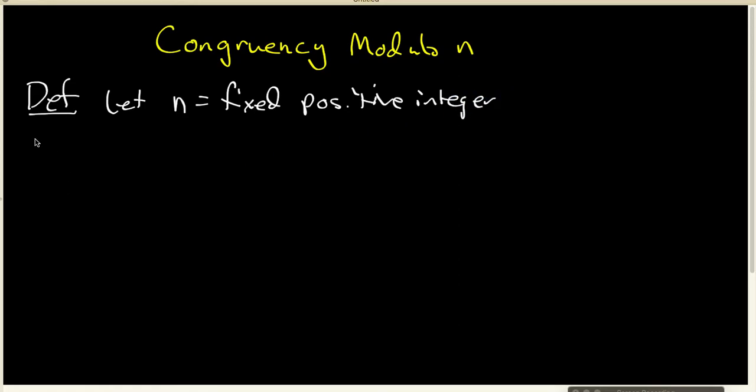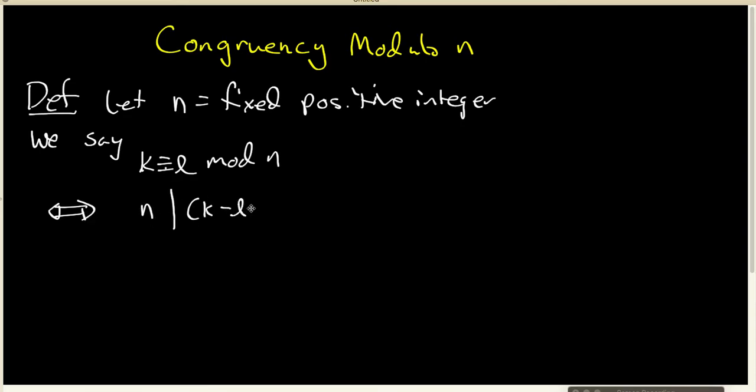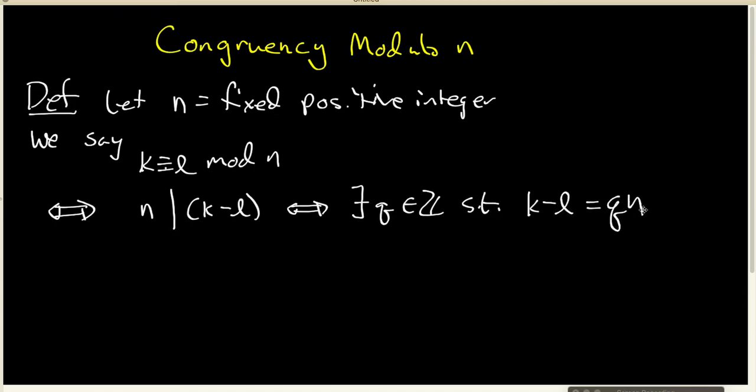And we are going to say that k is congruent to L modulo n if and only if n divides the difference k minus L. And I do want to point out that n divides the difference of k minus L means that we can find an integer q such that k minus L is equal to q times n.